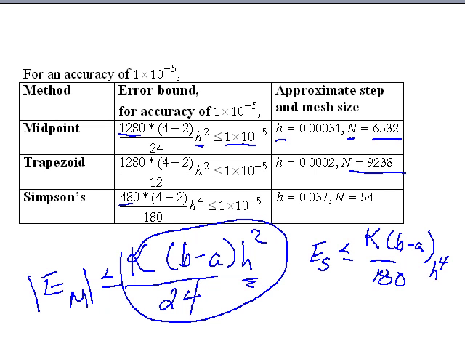So you can take the fourth root when you get done with all this. Again we want the error to be less than 10 to the minus fifth. When I solve for h, I find that h can be fairly large, and n of 54 will give me the same error. So that is how you use the error expressions to find the step size and the number of meshes that you need to numerically solve that problem.